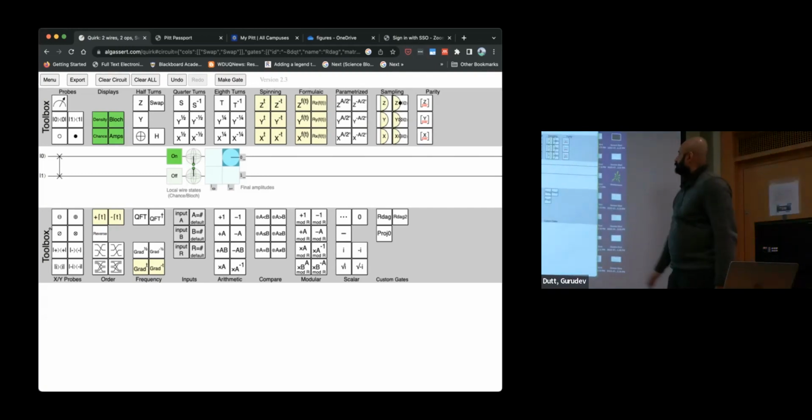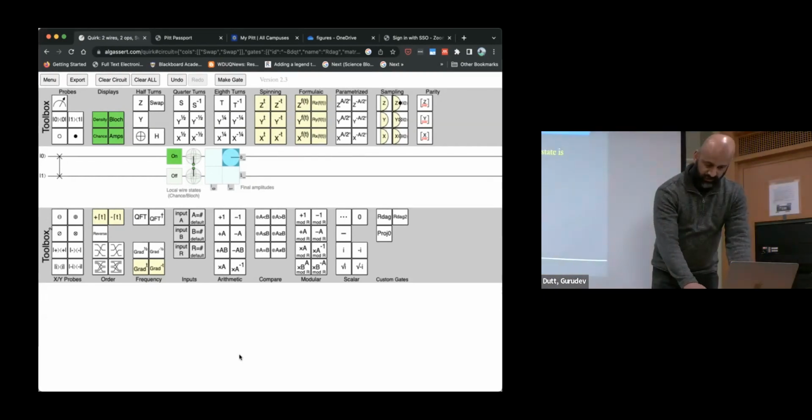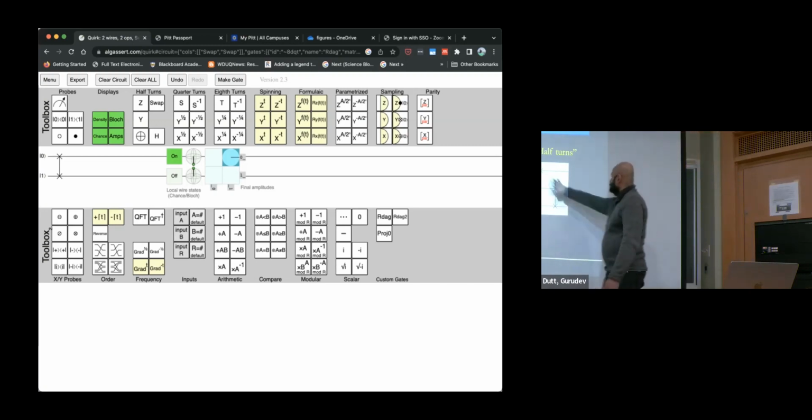Okay, let's go back. I wanted to simulate a certain circuit. Sorry, I lost my place, so I have to go back. What was the circuit? Here it is. So we want this circuit. Before we do the circuit, let's just think about what the circuit is saying.